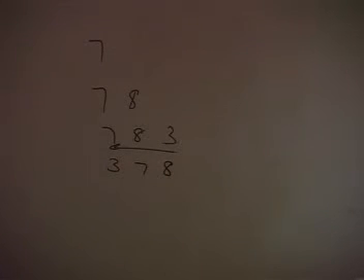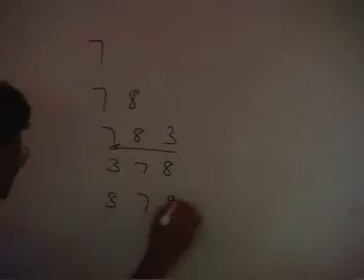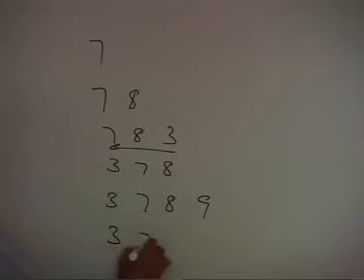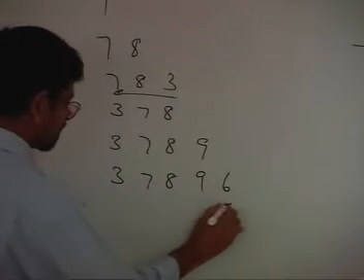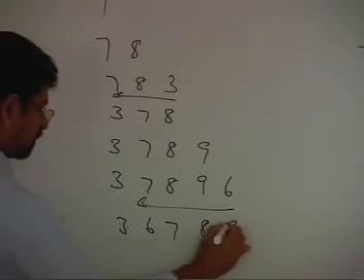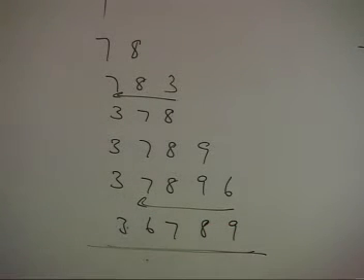And if the next element is 9, 9 doesn't move in at all. And if the next element is 6, 3, 7, 8, 9, 6. 6 moves up to this point. This is how you solve. Okay?